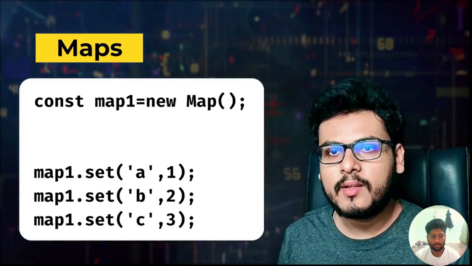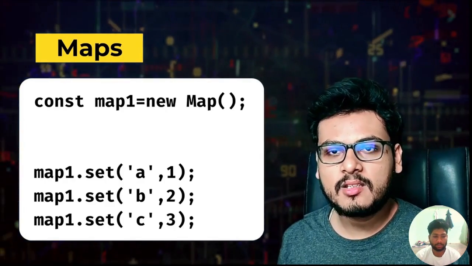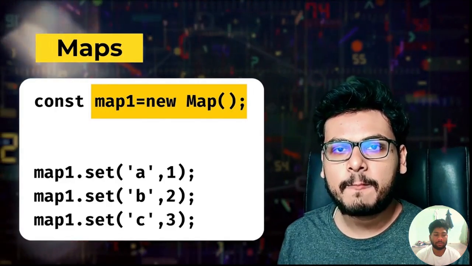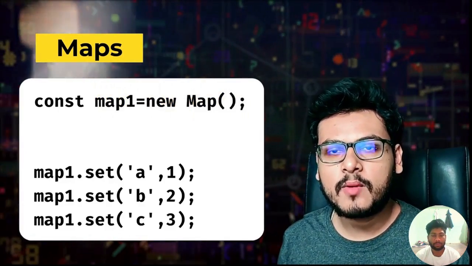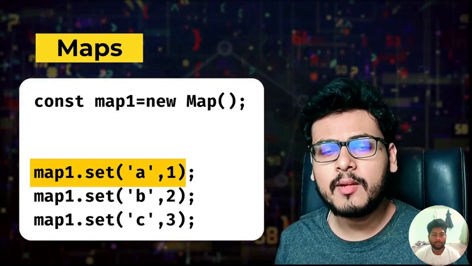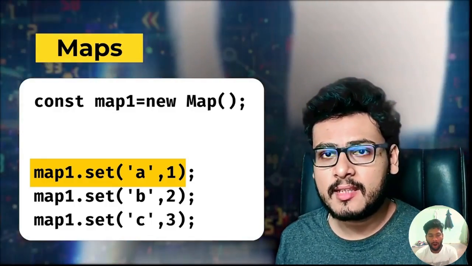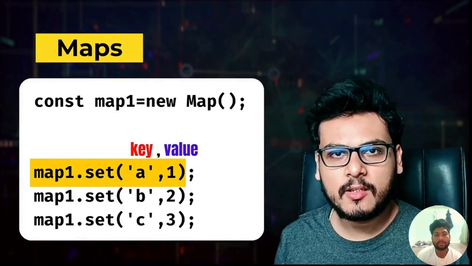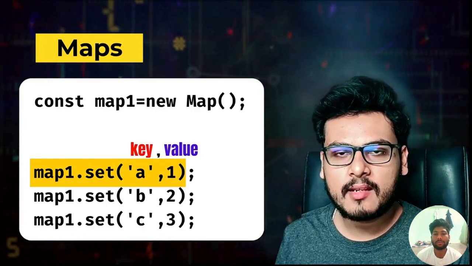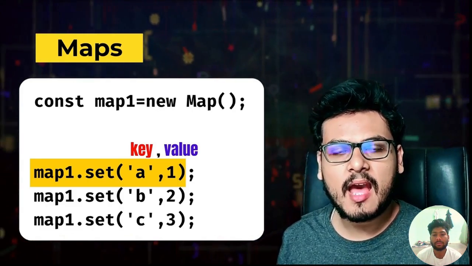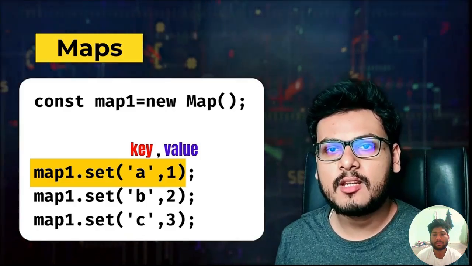In order to create a map, you have to initiate a variable with new Map, and then you can perform a set operation. Set comes as an inbuilt function of Map, and inside that you can pass the key and value as arguments. So in map1.set('a', 1), we have passed a as a key, the value of which is 1.